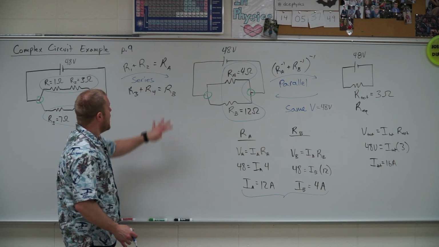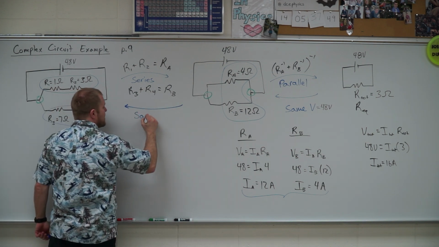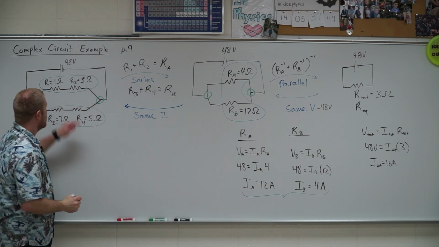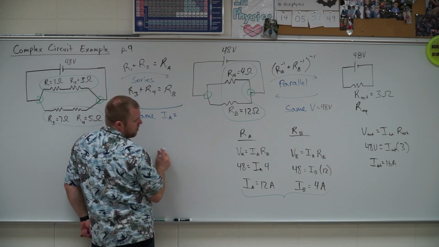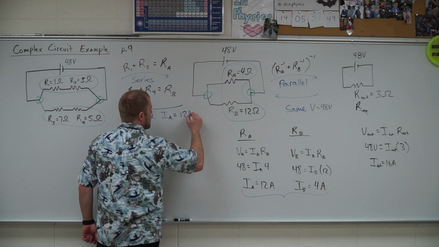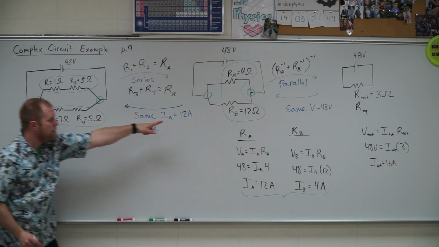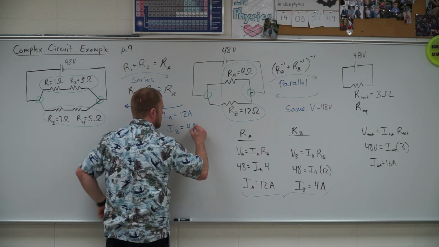All right. So now I need to go backwards to here, and so these all have the same current. So when I'm going backwards from A, it's going to be, what was it, 12 amps. And when I'm going backwards from B, it's going to be 4 amps.